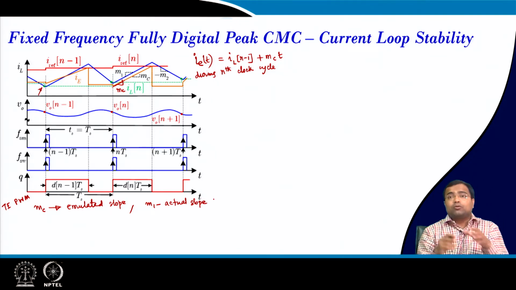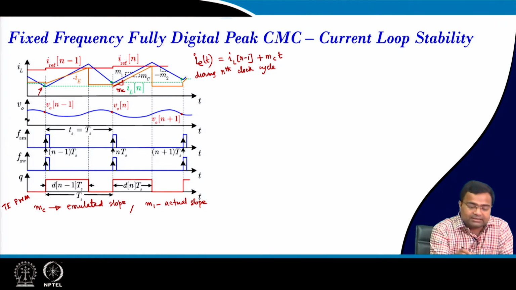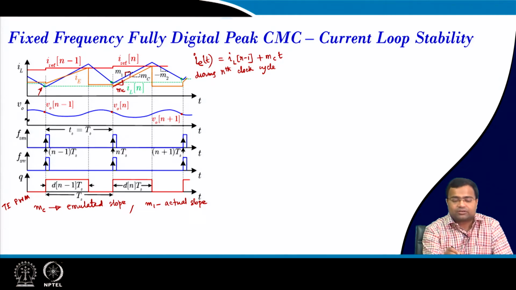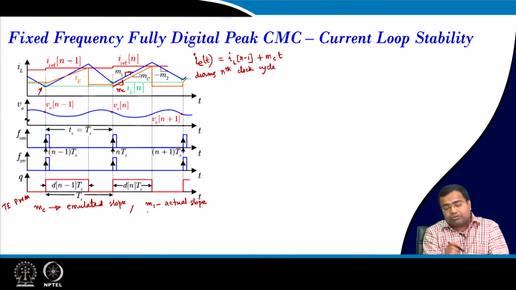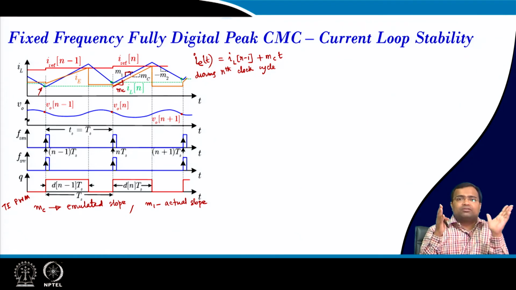So, emulated slope and the actual slope. Both are actual rising slope of the inductor current. So, you can see, the blue color is the actual rising slope of the inductor current. So, one might think, if you want to get the exact current waveform inside the digital platform by emulation, it is very much common that we want to take emulated current exactly equal to rising slope.